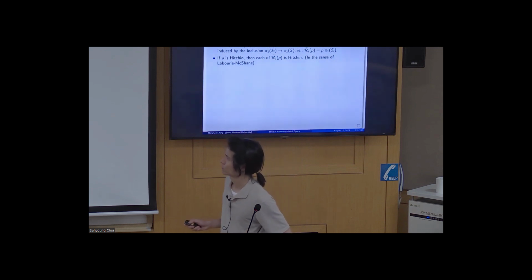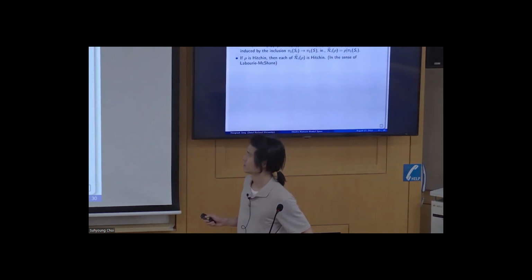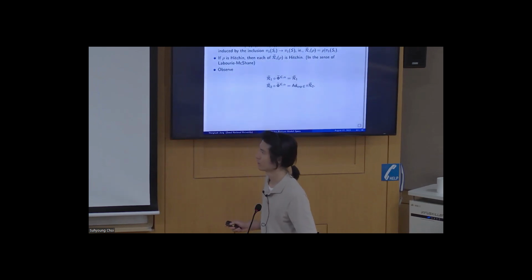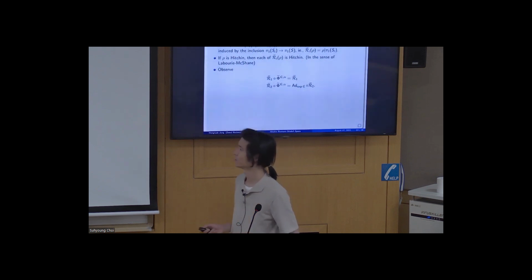Then what we can observe is that if rho is Hitchin, then its restriction to a subsurface is also Hitchin. Of course, here Hitchin means in the sense of Labourie and McShane. And from the definition of our algebraic bending, we have the following relations. In plain language, it just means that if you restrict to the left subsurface, they do nothing on it. And on the right subsurface, it acts as a conjugation. That's exactly what these two identities mean.